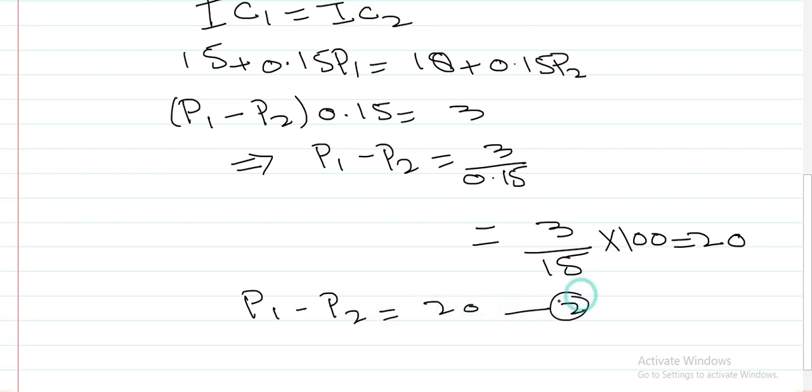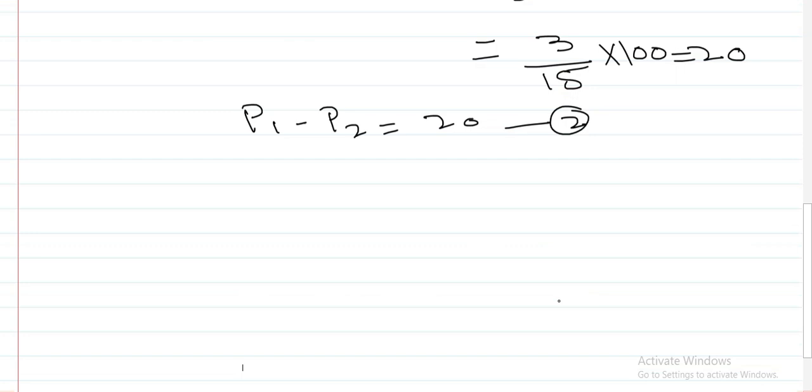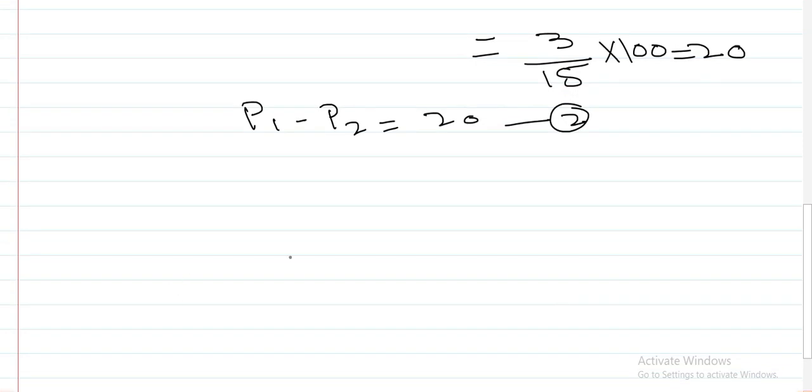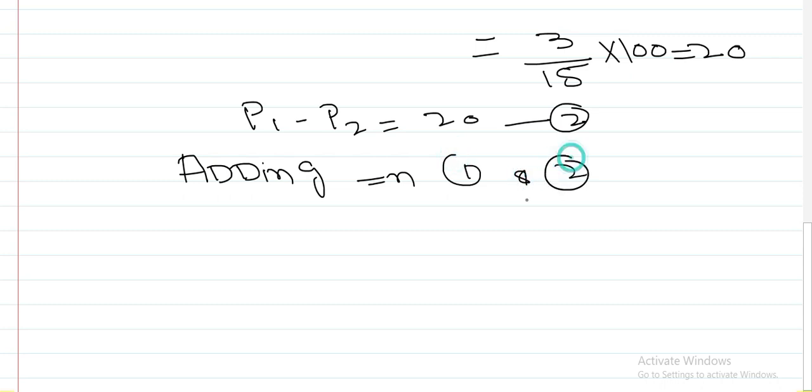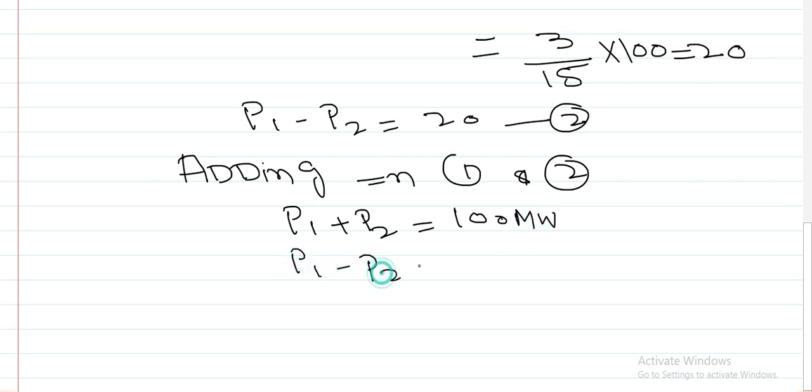Equation second. Now we will add these both equations. Adding equation first and second, that is P1 plus P2 equal to 100, this is PD, and P1 minus P2 equal to 20.